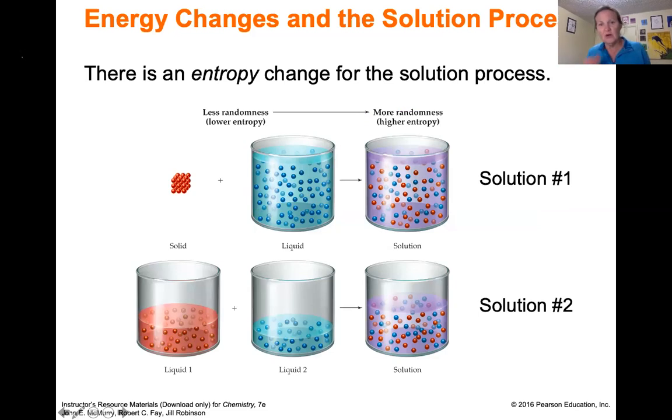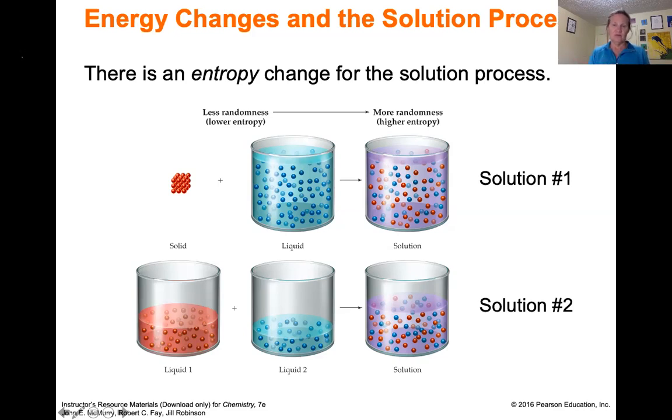About that. So when two things dissolve, something else changes, and that's the entropy. When you start out with a pure solid and a pure liquid, the two red components on the left-hand side of the slide, and then you mix them together with two other, the ones in the middle, so liquid 1 and liquid 2, you go from pretty ordered systems to something that has less order.